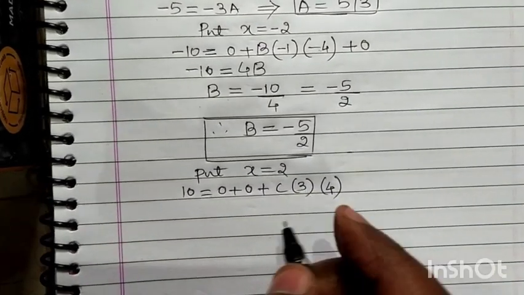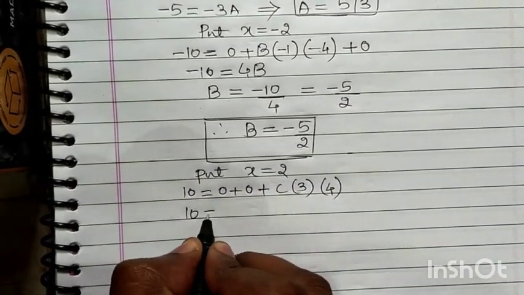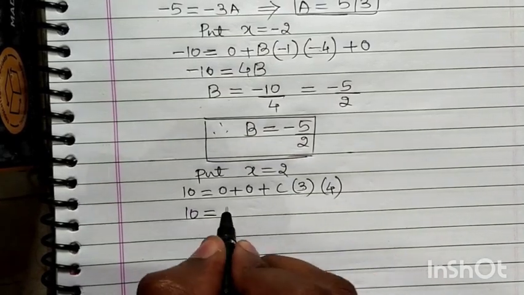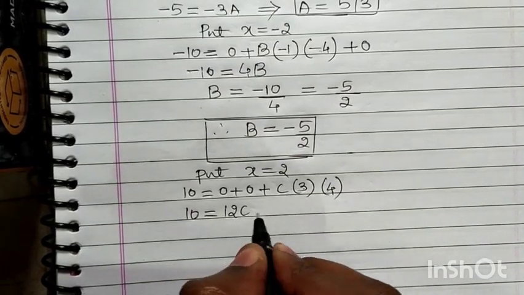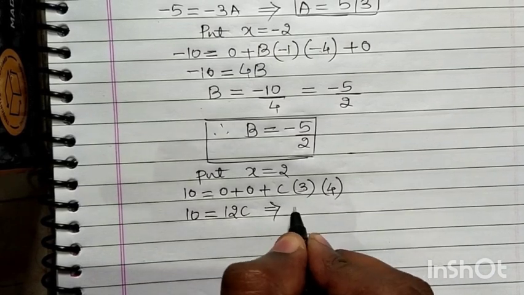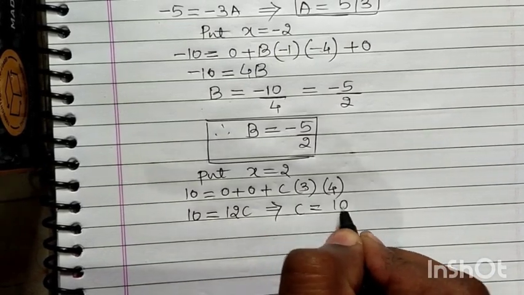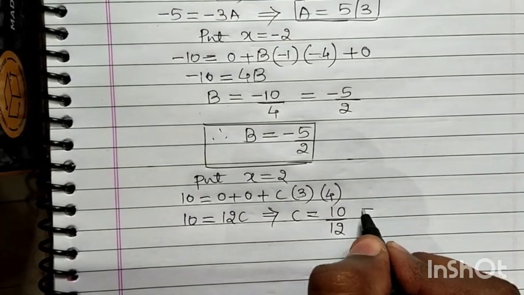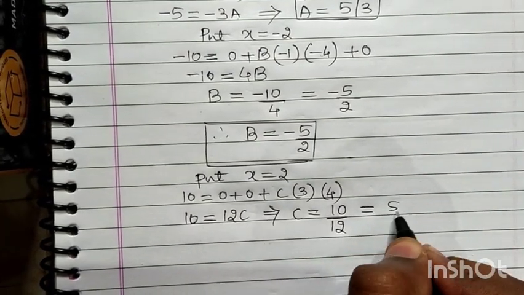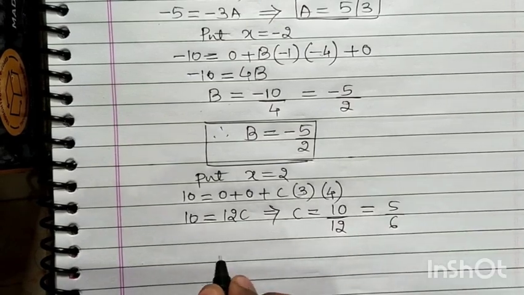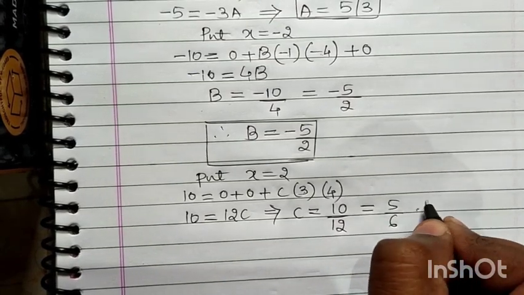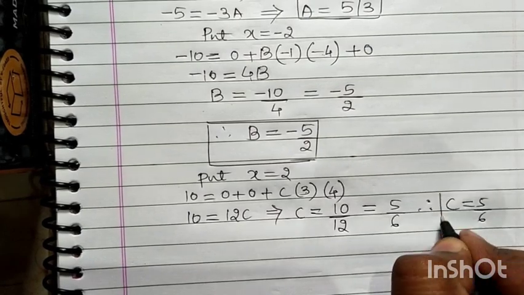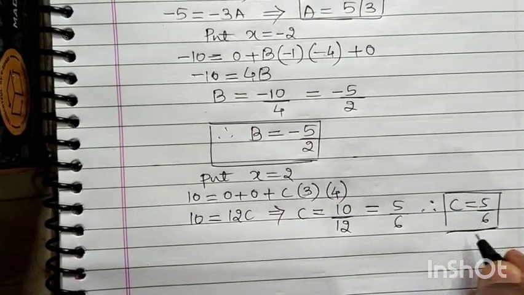So now let us simplify this. 10 is equal to 3 into 4, which is 12, 12 into C is 12C. So now C is equal to 10 divided by 12, which becomes 5 by 6. Therefore C is equal to 5 by 6. So we have the value of C as well.